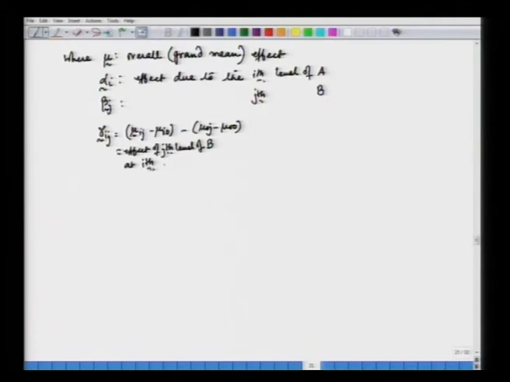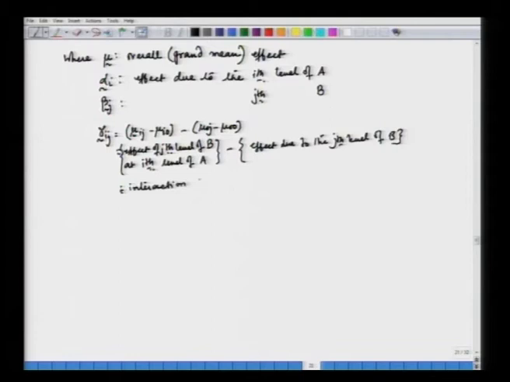So, this is at the ith level of A, and then this is nothing but the effect due to the jth level of B, and this is essentially what we denote as the interaction effect between the ith level of A and the jth level of B.